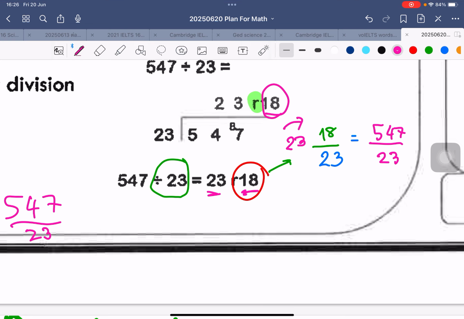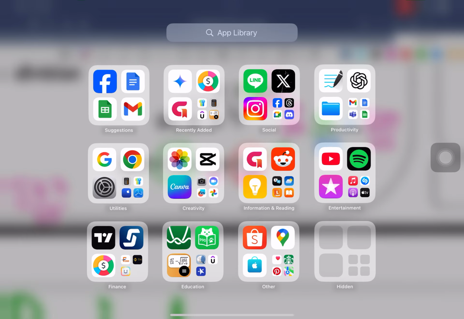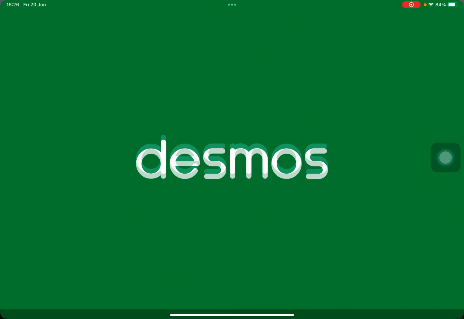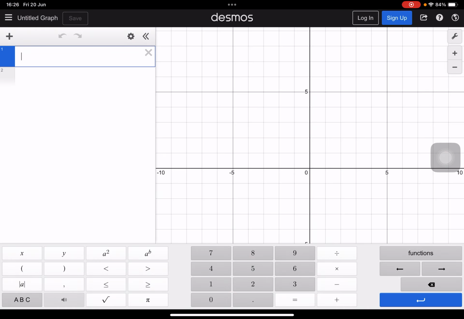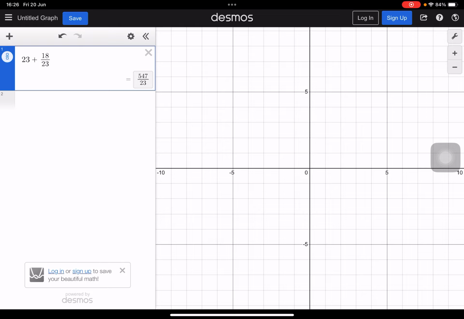When we use the calculator, please beware also. Okay, let's see the basic calculator. Not basic actually, the decimal calculator. Okay, 23. You cannot times, but you have to plus. And 18 over 23. So we divide into fractions like this.